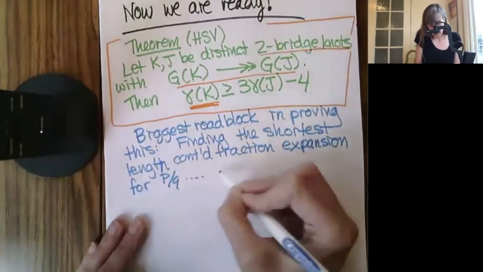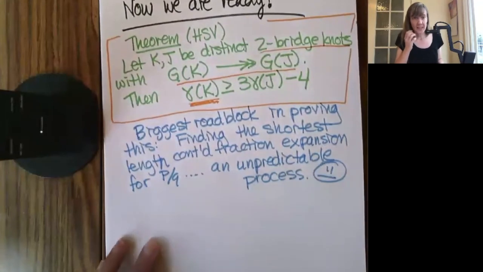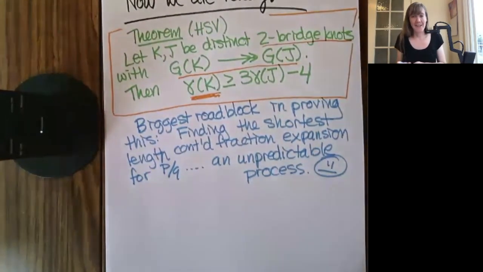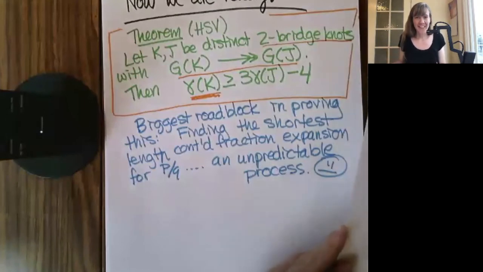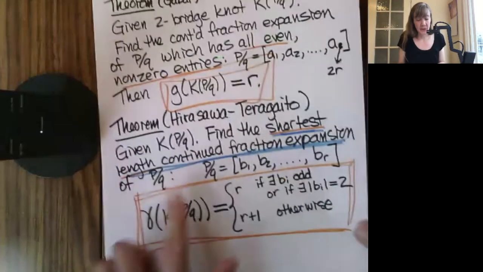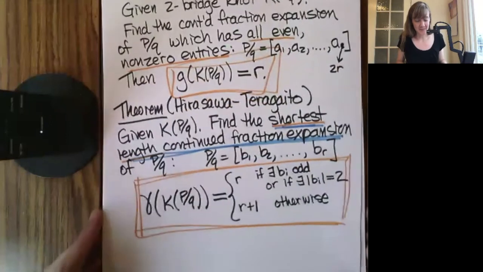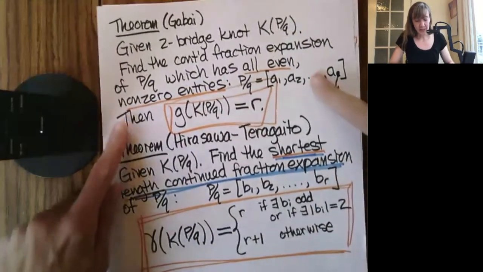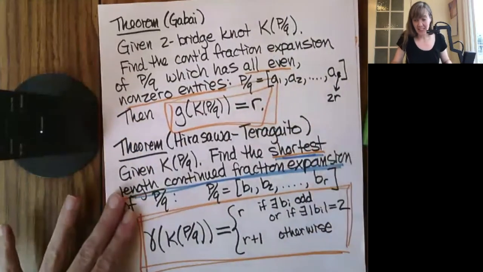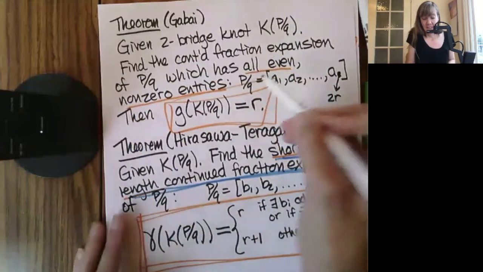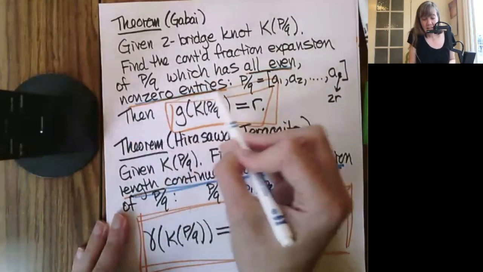All right, so that was the hardest thing. And how did we get around that roadblock? This is the most significant part. Let me bring back the theorem. In order to compute crosscap number, you need to find this. We found ourselves always being jealous of Gabai's result. He was able to compute the genus. He didn't have to worry about this down here. He just had to find the continued fraction expansion that had all even non-zero entries.